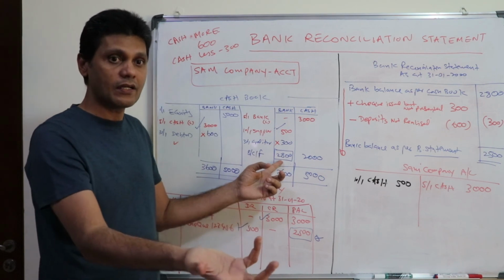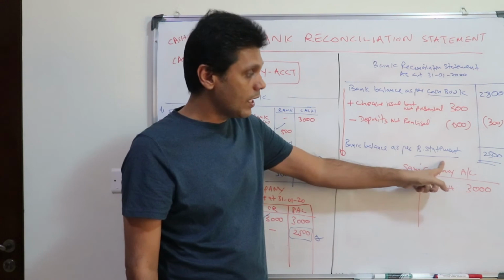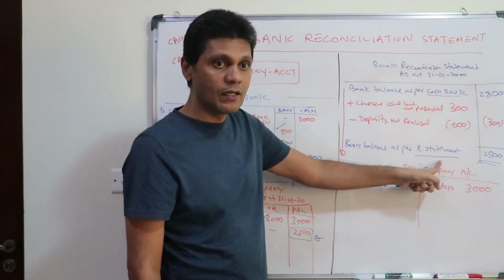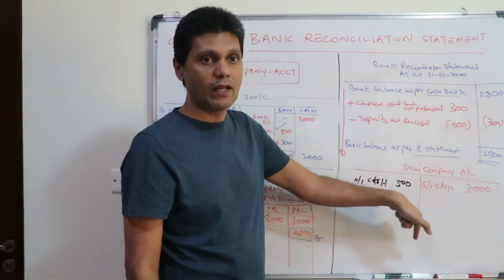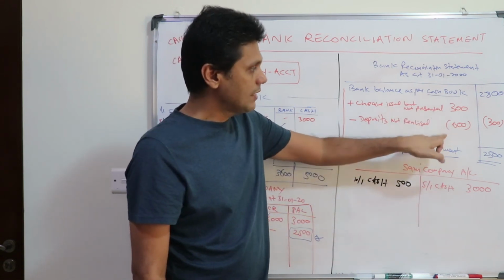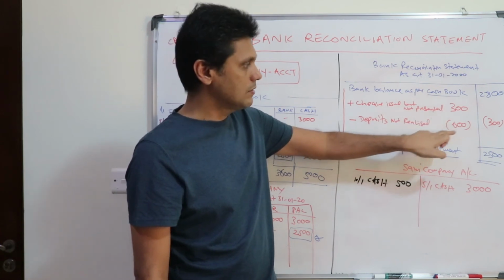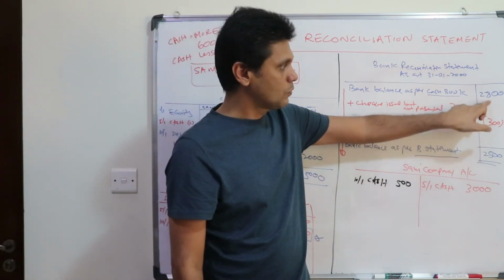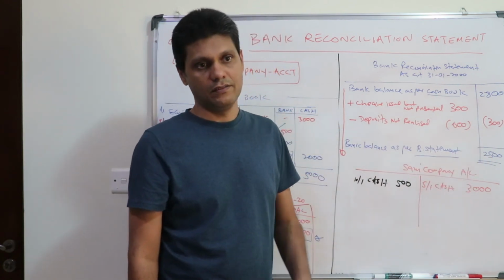It's more by 300. So you need to add back that 300 to arrive at the bank statement balance from the cash book balance. So we adjusted, we added this and we deducted this. What is the difference? 300. So 2800 minus 300 is 2500.